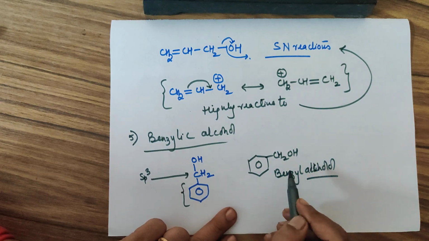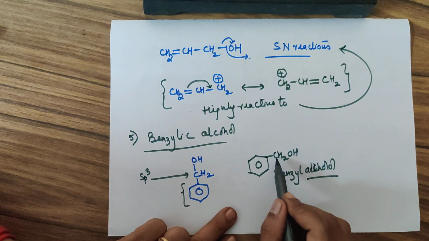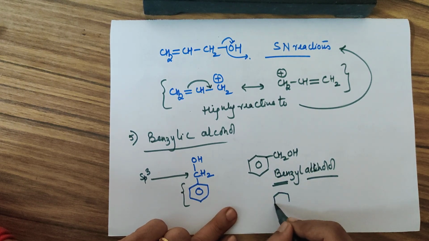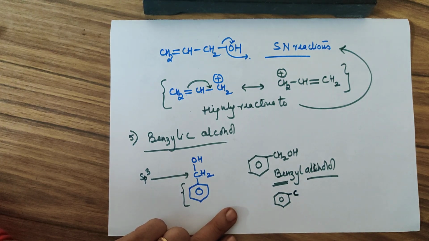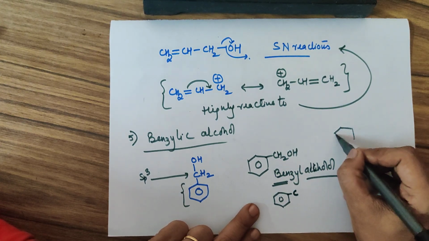Please remember this. This is benzyl alcohol. Benz is the word used when you have a benzene with a carbon on it. Remember that for life. Under this category, let me give you another example. Have a look at this particular compound.